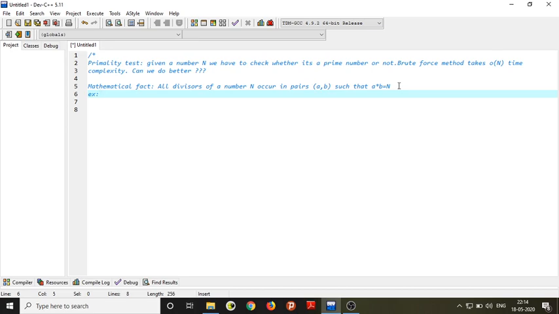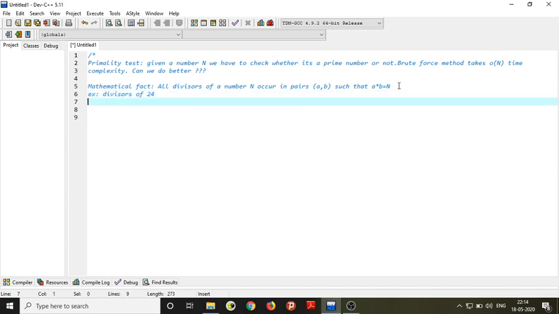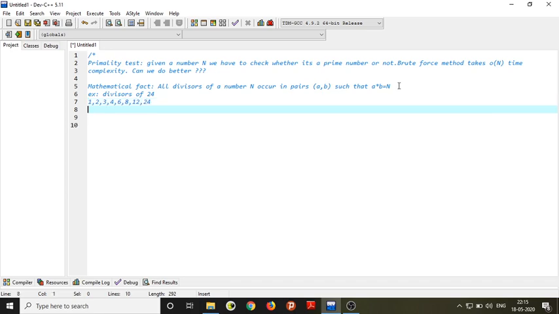Let's talk about divisors of 24. We have divisors of 24 as 1, 2, 3, 4, 6, 8, 12 and 24. Now we will try to group these divisors into pairs such that the product of the numbers is equal to our 24.